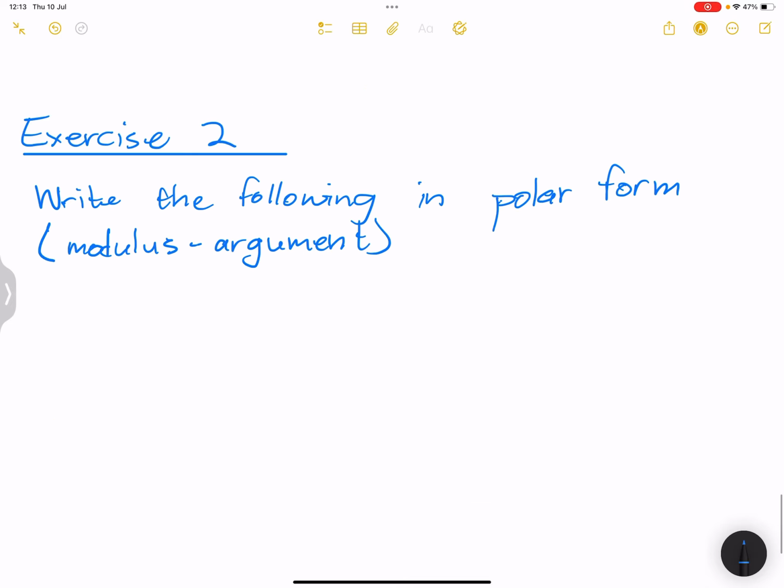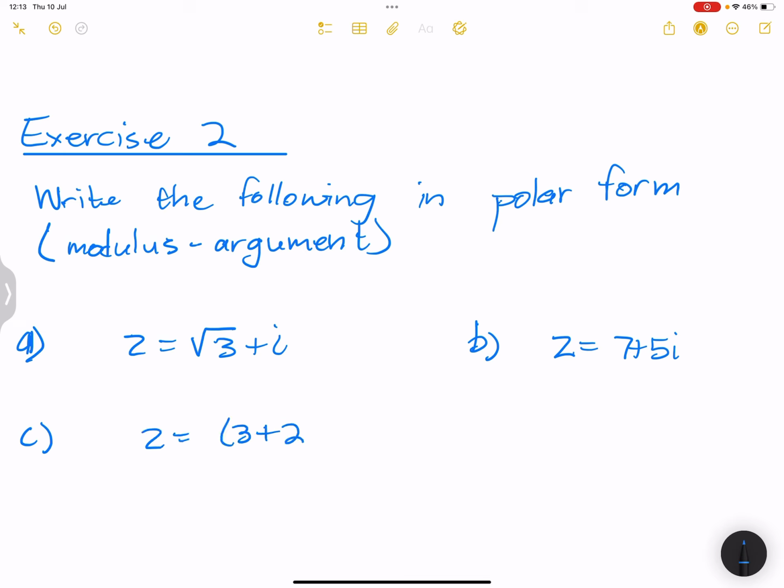I want you to do that for me. And if possible, please try to draw the graph as well, where it would lie and so on.